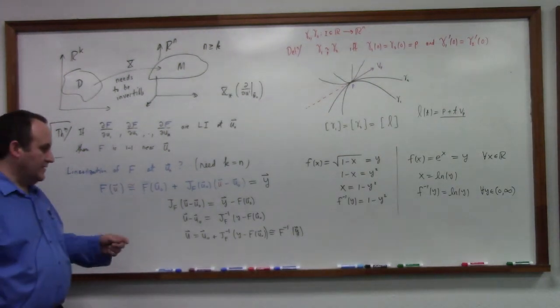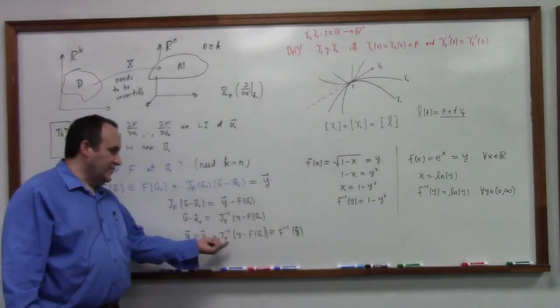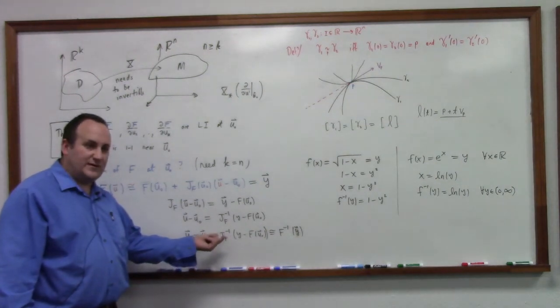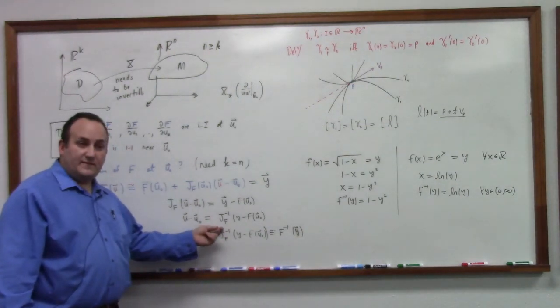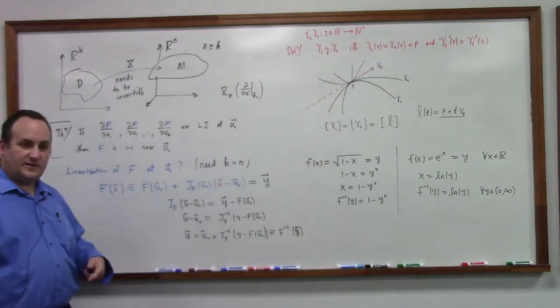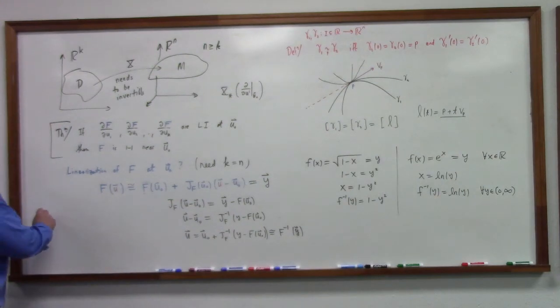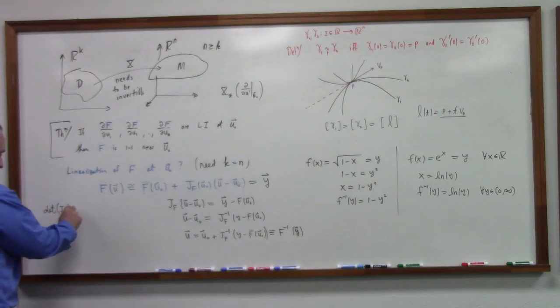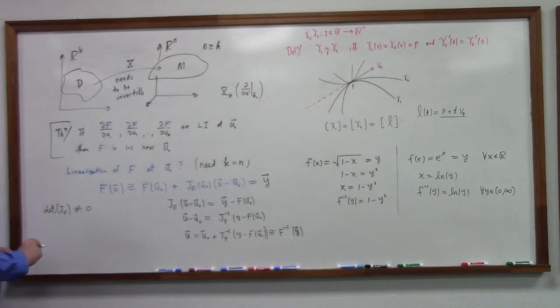In order for us to find the formula for the inverse function, essentially we needed the condition that the Jacobian of f is invertible. So that means that the determinant of the Jacobian of f is non-zero, right? But what's the Jacobian of f?